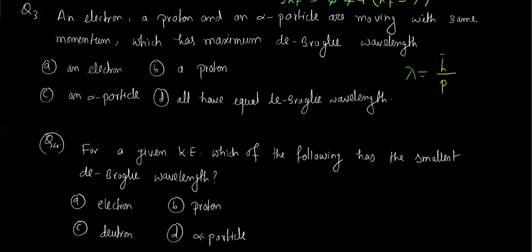This is Planck's constant, so its value is fixed. From the question, the momentum for the electron, proton, and alpha particle is the same, so that is also constant. So the wavelength of all these particles must be the same. Our correct answer is option D: all have equal de Broglie wavelength.